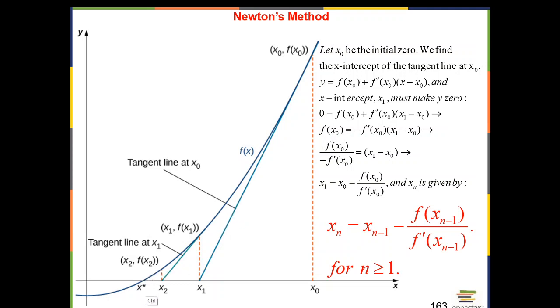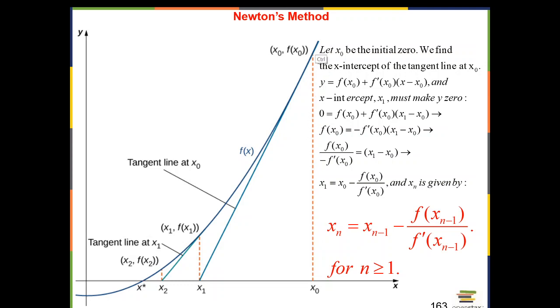So let's say this is the root. Let's say this is the root that we're looking for. And for that root, we are going to find an initial guess that is close to it. So we go to a point right here, x sub 0.